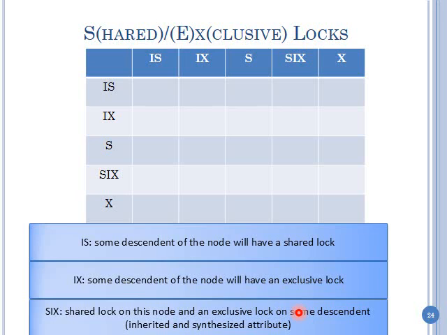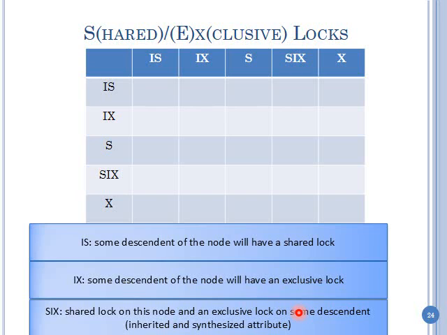When you put a shared lock on a node, essentially all the descendants get locked, so that's an inherited attribute. And the X part is synthesized: some node is going to be exclusive, so I put an attribute on this node saying that something is going to be exclusive.